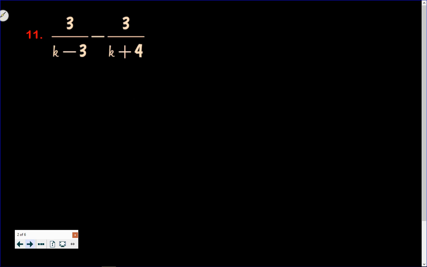Okay, number 11. Same thing here, just one similar to what we've been doing the last couple of days. Your denominators are different, okay? I'm going to modify it right from the get-go by doing what? Change my minus sign to a plus, and then change that to a negative. Do that from the beginning. And now, what's my common denominator here?